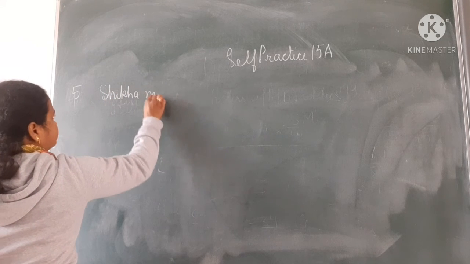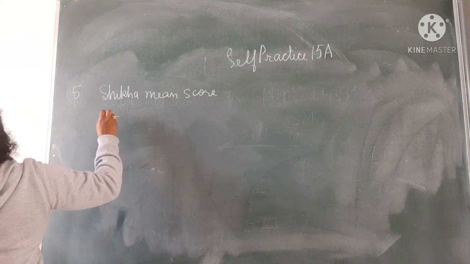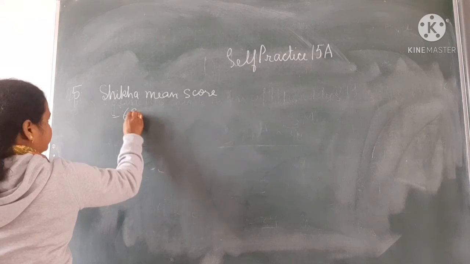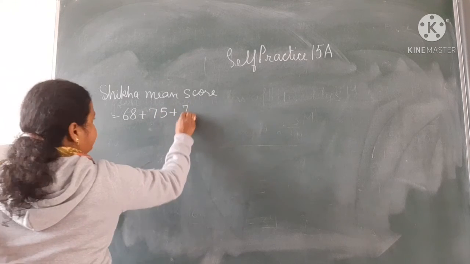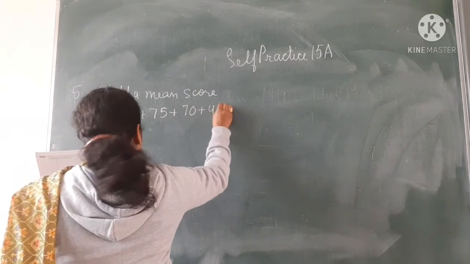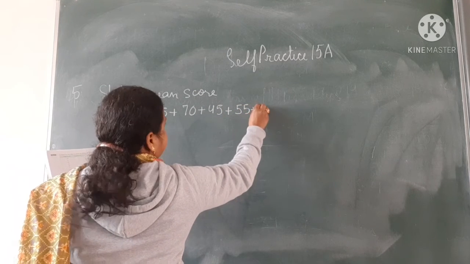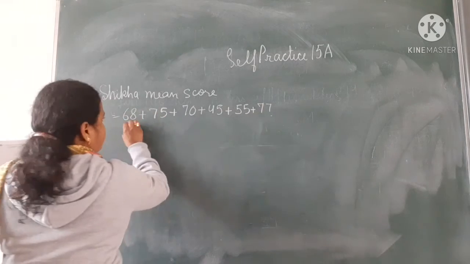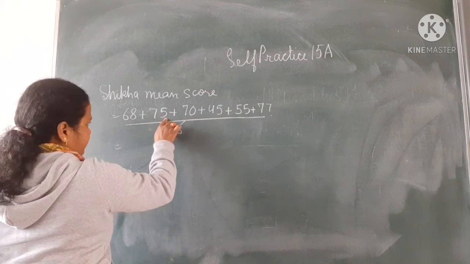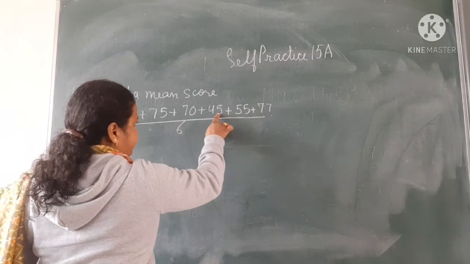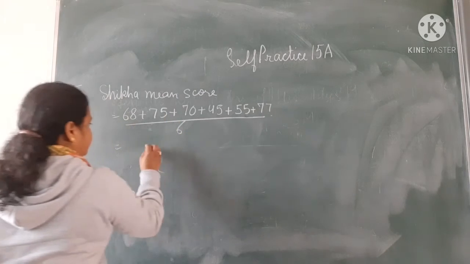mean score. So what will it be? 68 plus 75 plus 70 plus 45 plus 55 plus 77 upon total how many are there? 6. 8 plus 5 is 13, 13 plus 5 is 18, 18 plus 5 is 23 and 23 plus 7 is 30.